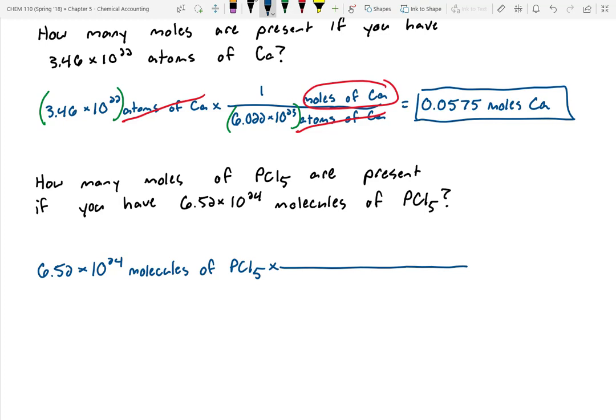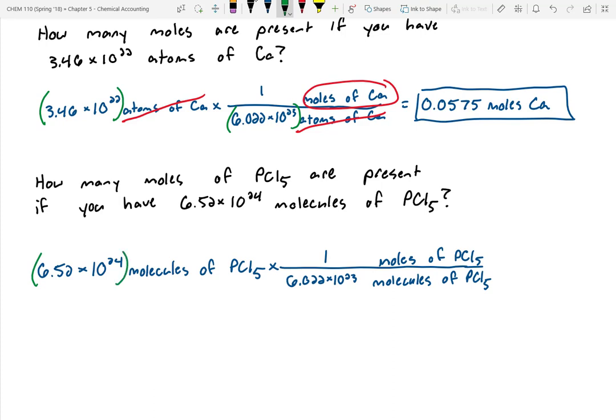I want to cancel out molecules of PCl5 and get to moles of PCl5. And just like before, we want the number of things we're counting, in this case molecules, to have Avogadro's number. So that's going to be 6.022 times 10 to the 23rd. And 1 will go on top.